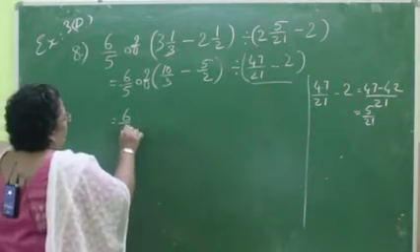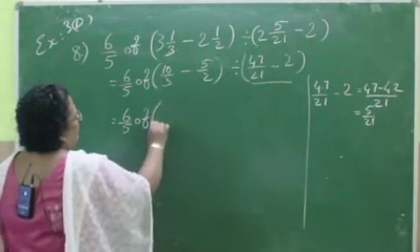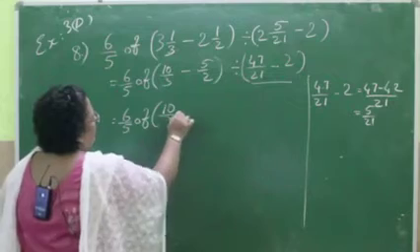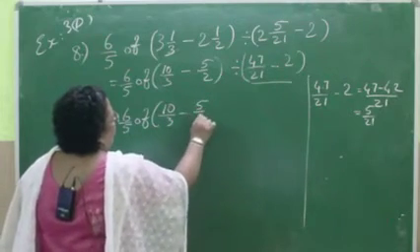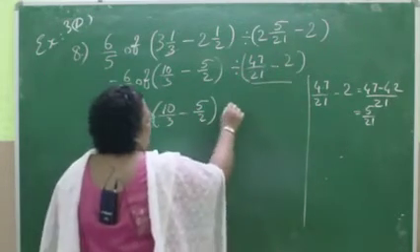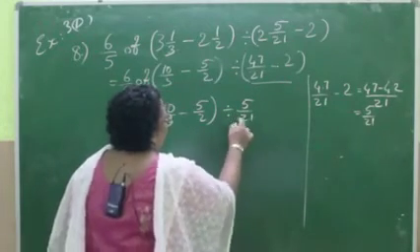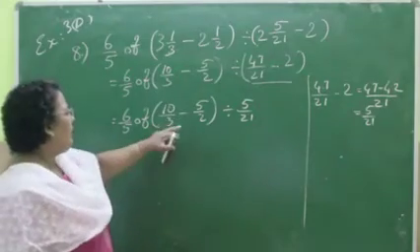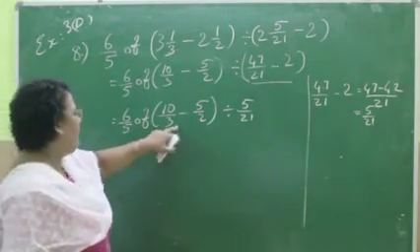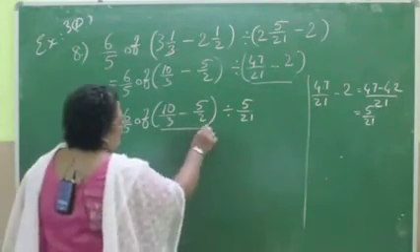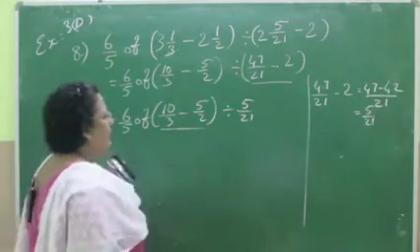So 6 by 5 of 10 by 3 minus 5 by 2 divided by 5 by 21. Okay, clear?